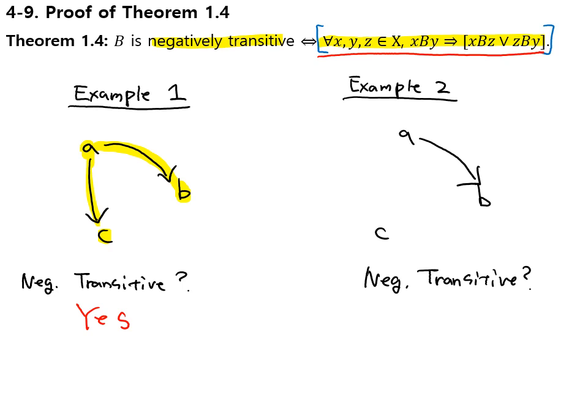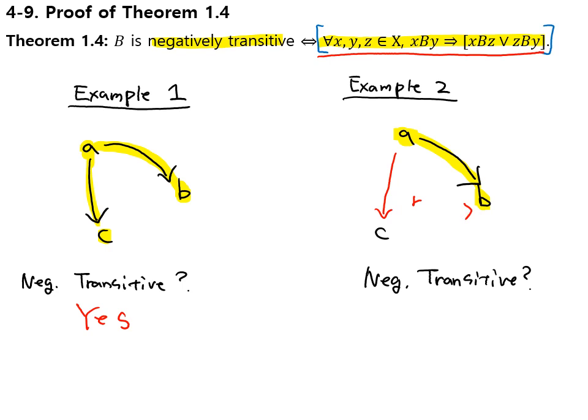We can see that A is related to B. According to the theorem, when A is related to B, any third element, namely C, has to be such that either A is related to C or C is related to B. So either we need this line or this line.